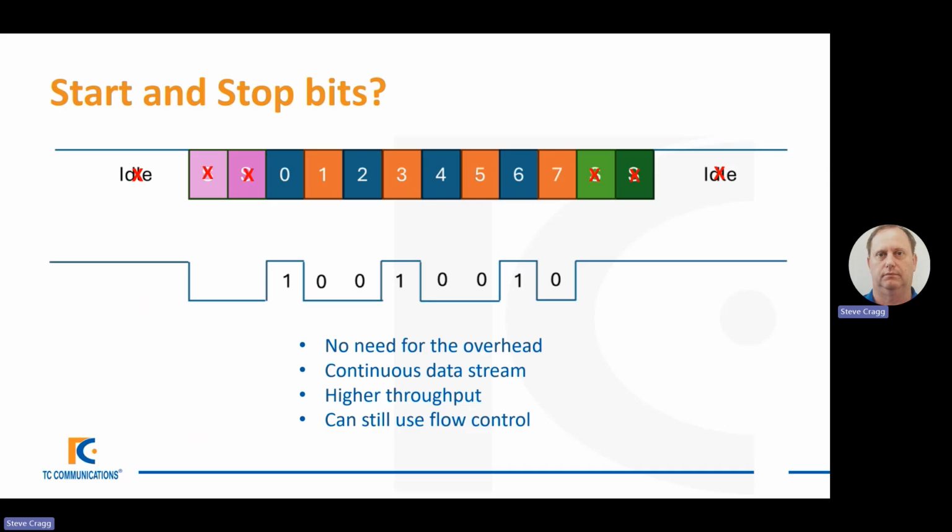Now, you may have noticed that there is one issue in this: if you do this and you're just sending a big continuous data stream, the question is, where does the start of the byte happen? And how that is typically handled is that within the data stream, there is a particular pattern that is used that designates the start of data.